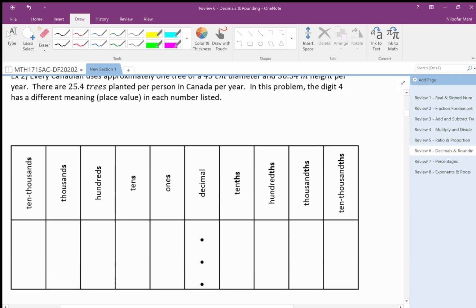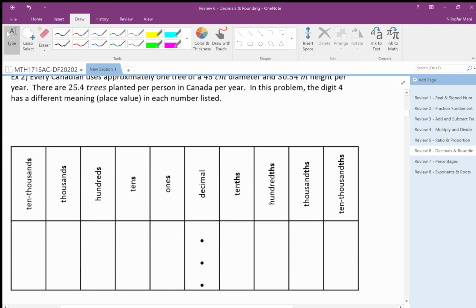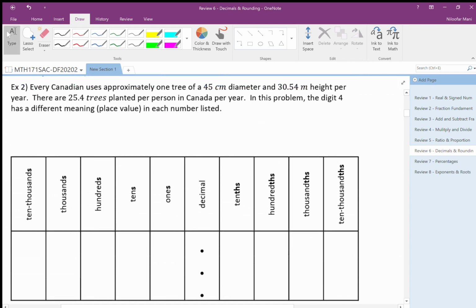I can show you here. 45 centimeter. Maybe I can change the color. 45, and the other one, 30.54, and the other one, 25.4. Look at this: this 4 means 40.